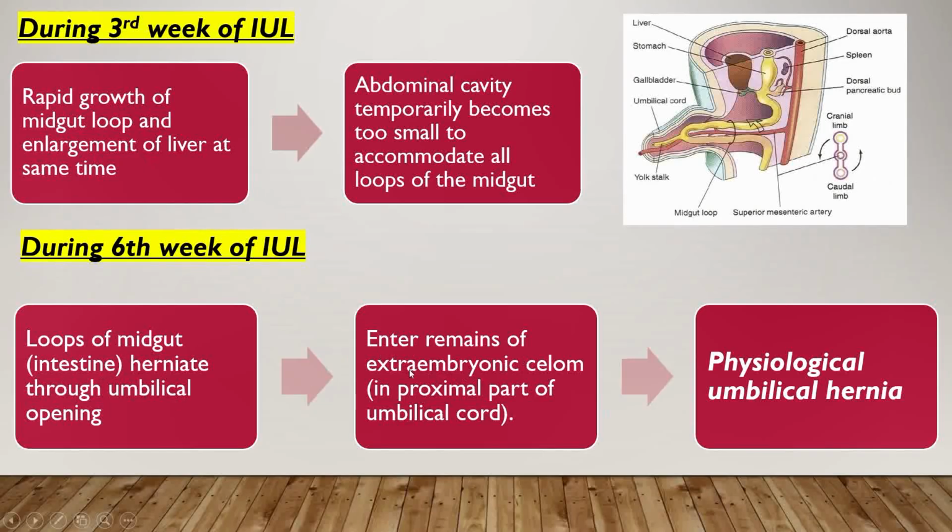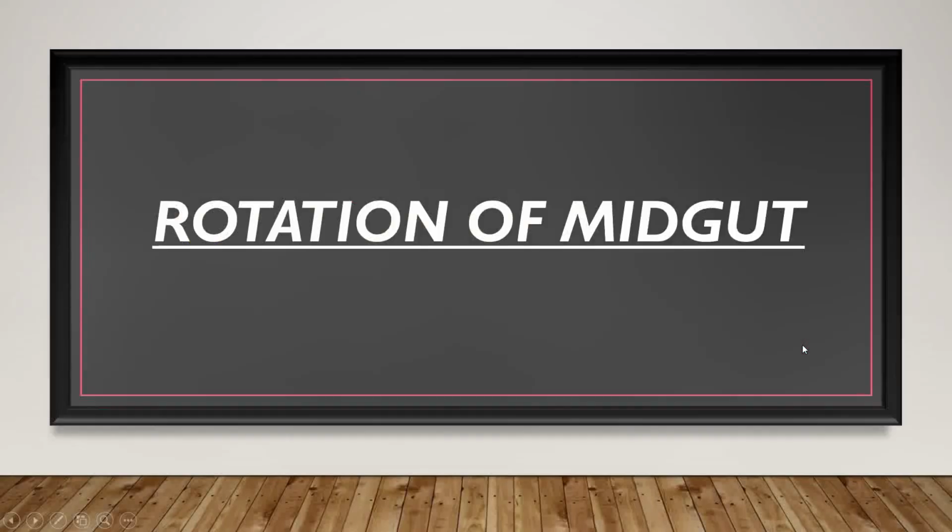They enter the extraembryonic coelom in the proximal part of umbilical cord. So here these loops are coming out of the abdominal cavity, and this is a normal phenomenon because abdominal cavity is temporarily too small to accommodate all the loops of the midgut, and this is known as physiological umbilical hernia.